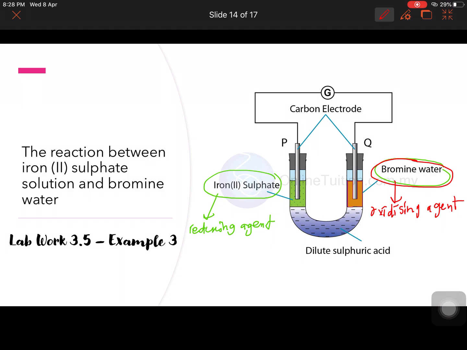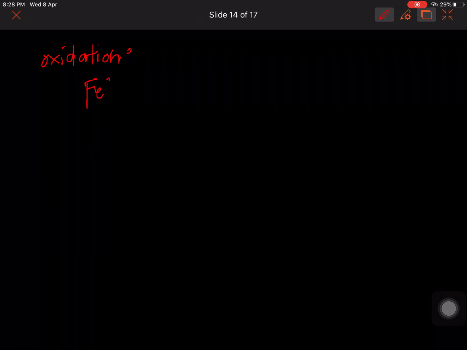Okay, first step identify, second step adalah process. Okay, process oxidation and reduction. Oxidation macam biasa tadi, Fe2+ become Fe3+.